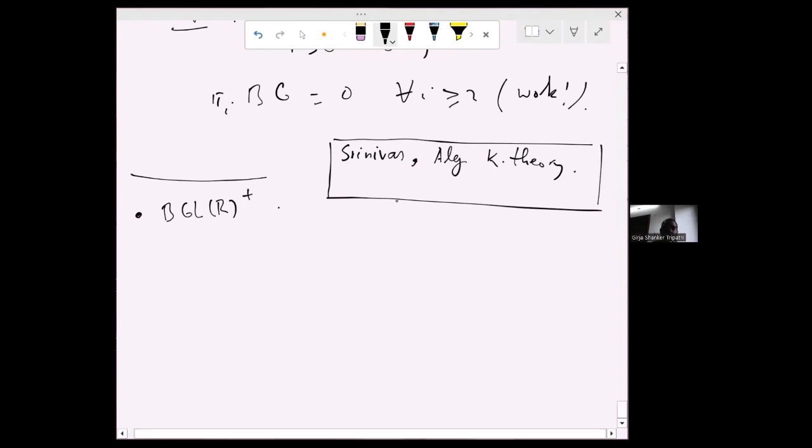So BGLR plus is a topological space with some properties, and K-theory is defined to be its homotopy groups. So pi_i of this is K_iR, and this is a connected space. So this actually doesn't do anything to K0.